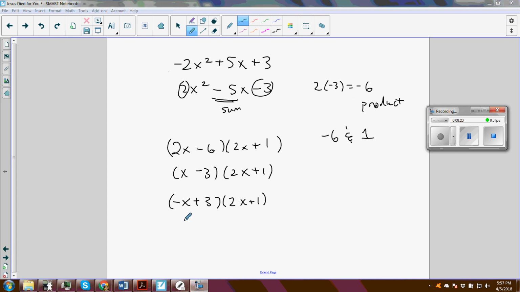And we can check by forming negative x times 2x is negative 2x squared. Negative x times 1 is negative x, plus 6x plus 3. And that would be the 5x in the middle. So it does check.